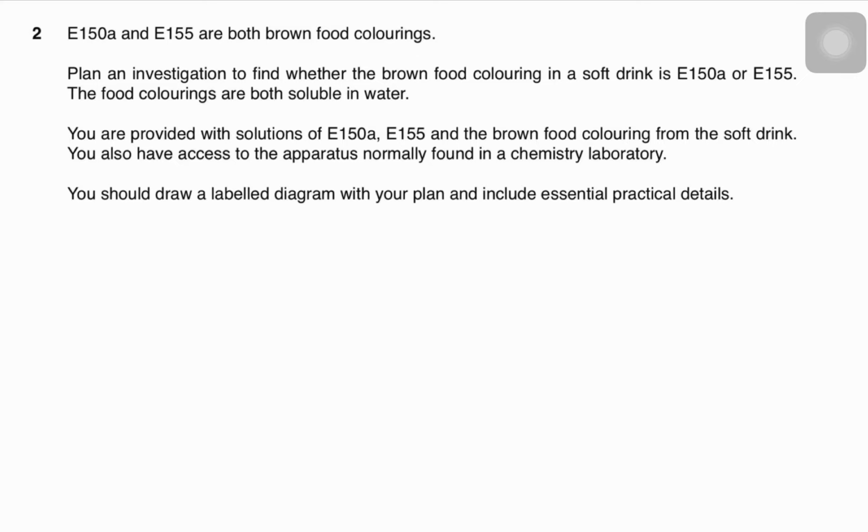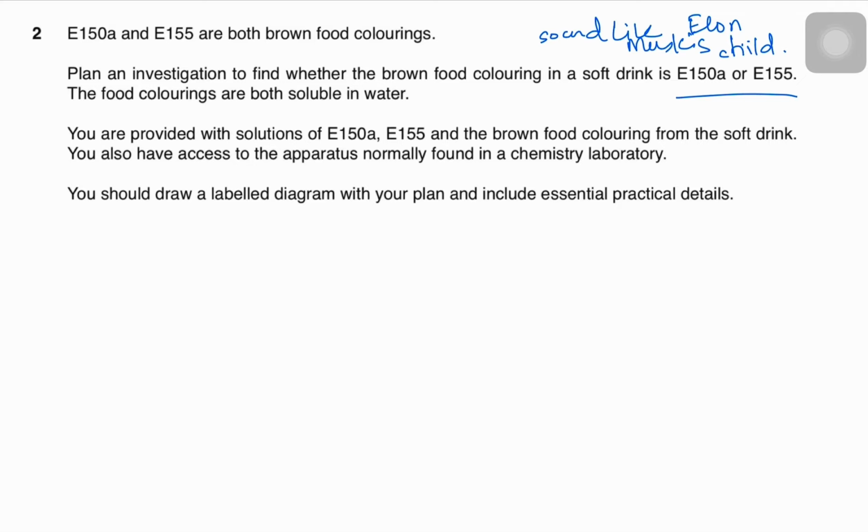Although I should write, they sound like Elon Musk's child. But anyway, you are provided with solutions of E150A, E155 and the brown food coloring from the soft drink. You will also have access to the apparatus normally found in a chemistry laboratory. You should draw a labelled diagram with your plan.